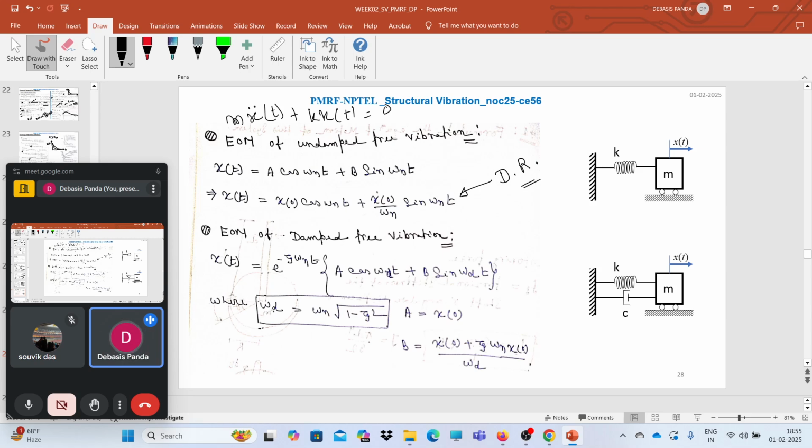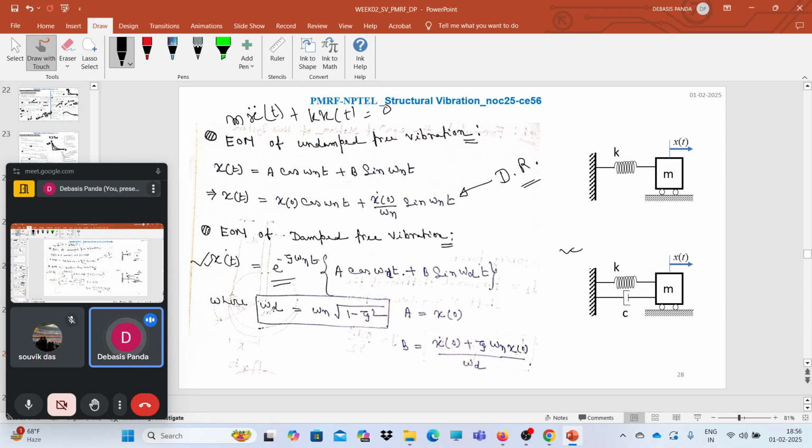Now we have also defined the damped free vibration case, and more precisely for the underdamped system, oscillations will occur, and we derived it in the form x of t equals the exponentially decaying term e to the power minus zeta omega n t, times bracket a cos omega d t plus b sin omega d t.